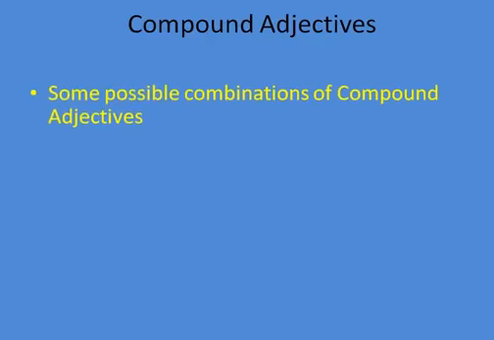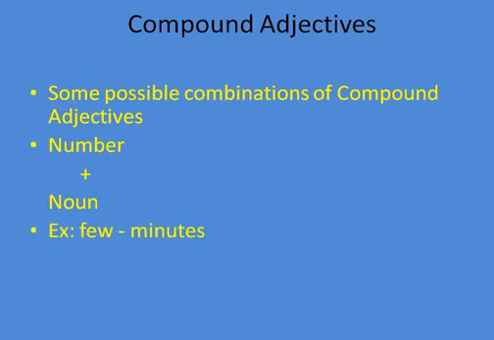Now, let's see some possible combinations of compound adjectives. We have so many combinations. I will try to give you the details one after the other, starting with a number with a noun. Here I mean to say that if a word that describes a number is used along with a noun, it gives a compound adjective, as in this example.